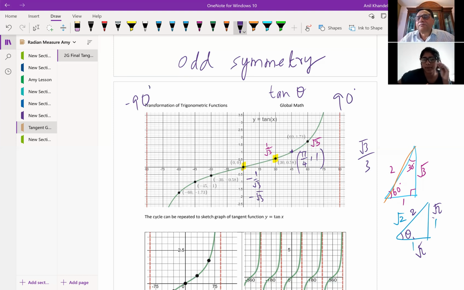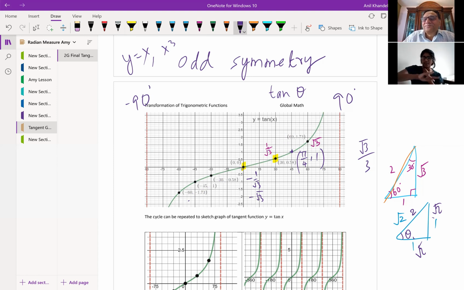Just a quick question. When you say symmetric about the origin, are you saying y equals 0, x equals 0? Because the origin is 0, 0. Yes, symmetric about the origin means that. There are many graphs which are symmetric about the origin, for example, y equals x, y equals x cubed. That means if I draw whatever graph in the first quadrant, the same thing is reflected with a mirror at the origin, and it comes in the third quadrant. For example, the straight line will be kind of like this, which is symmetric about the origin.